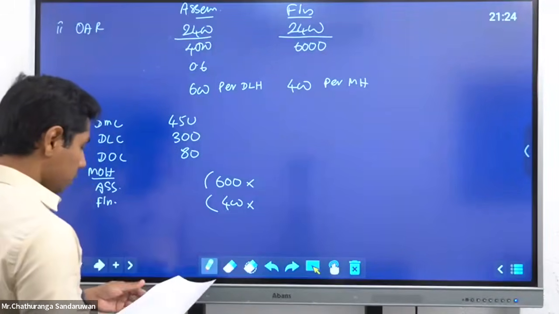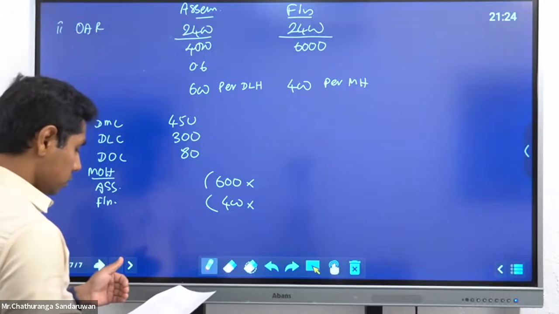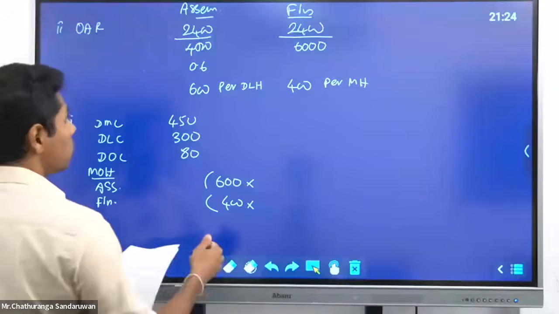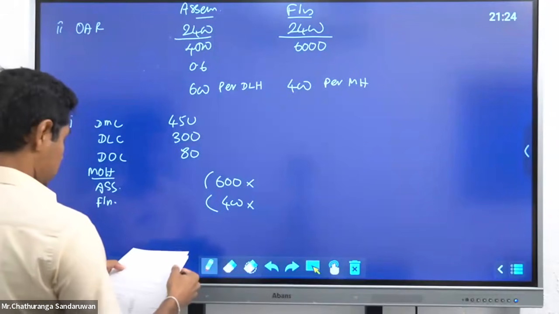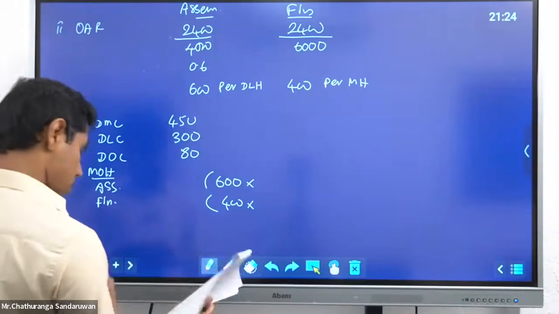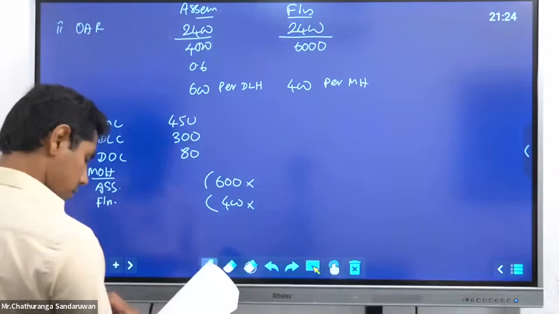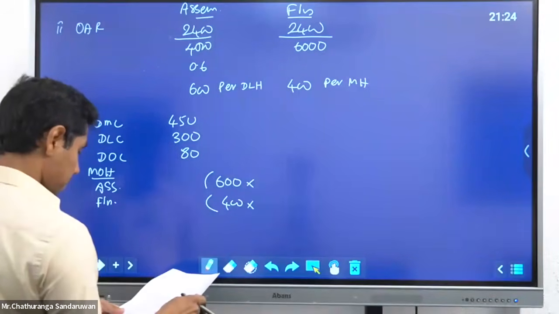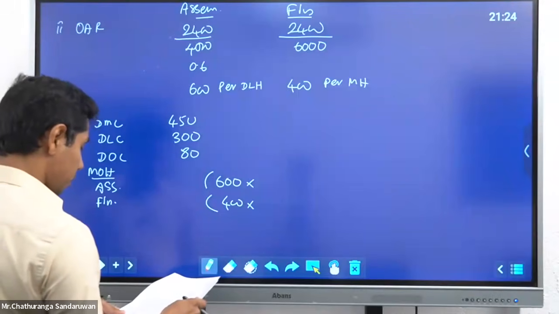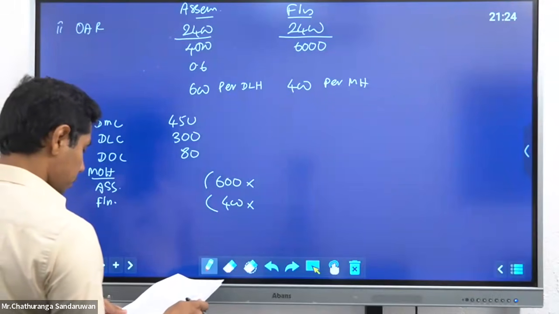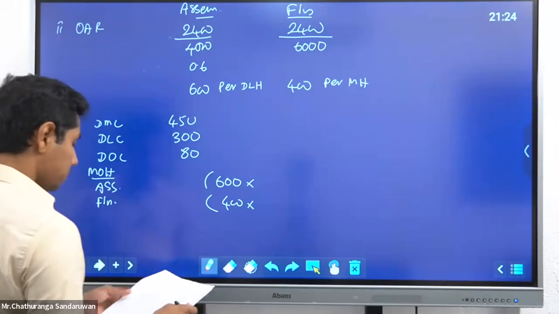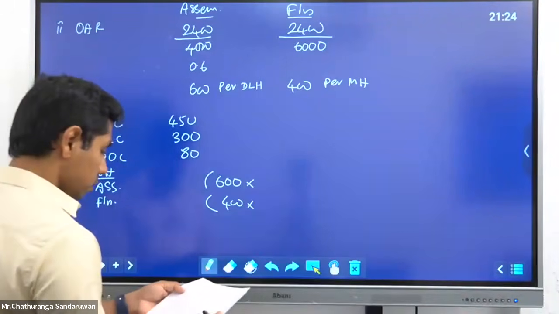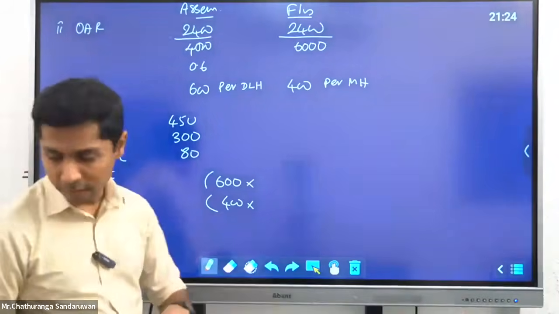They say on the other side, machine hours required for one unit of product X in the assembly department is 4. Is it given? It should be changed, right? It should be direct labor hours. The wording should be changed.